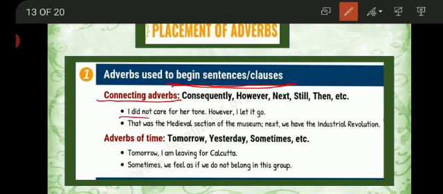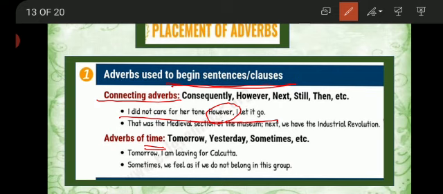So now, in this, there are two clauses and the word however is connecting the two sentences, and we have placed it at the start of the other sentence, or you may say the other clause. Okay. Now the other is adverbs of time, the adverbs that show the time: tomorrow, yesterday, sometimes, always.